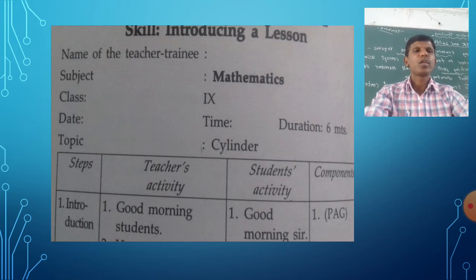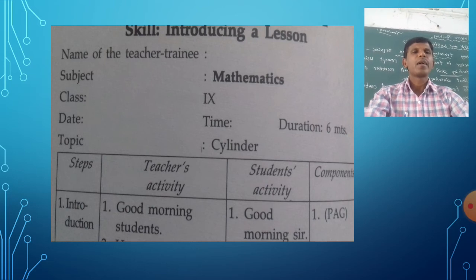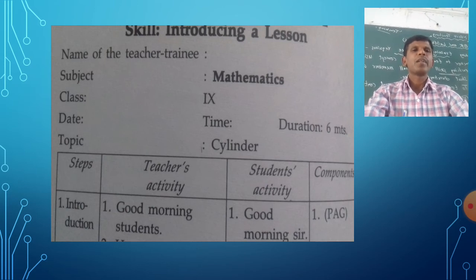So there will be 4 columns: the first column is steps, the second is teacher activity, the third is student activity or learner activity, and the fourth, with a pencil you write components, then you erase it, and the fourth column is blackboard work or TLM. So these are the 4 columns we have to follow when we are writing the micro teaching lesson plan for any skill.